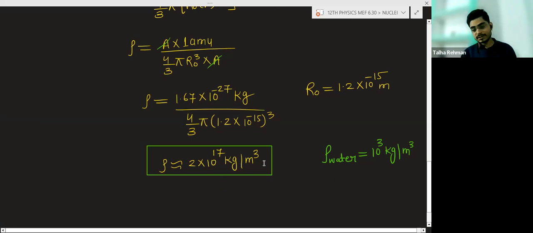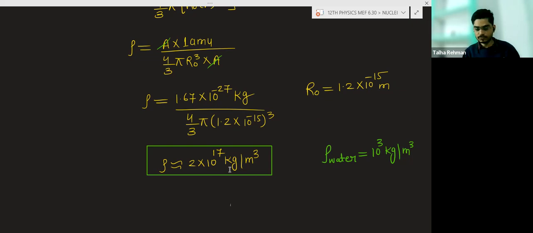If you compare this density with the density of water, the density of water is 10 to the power 3 kg per meter cube, and the density of nucleus is this. For different nuclei, this density will be slightly different.